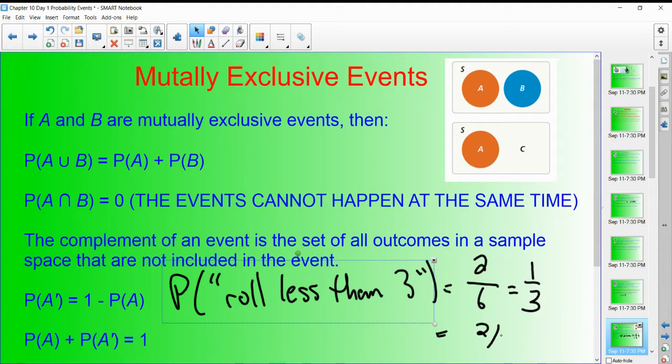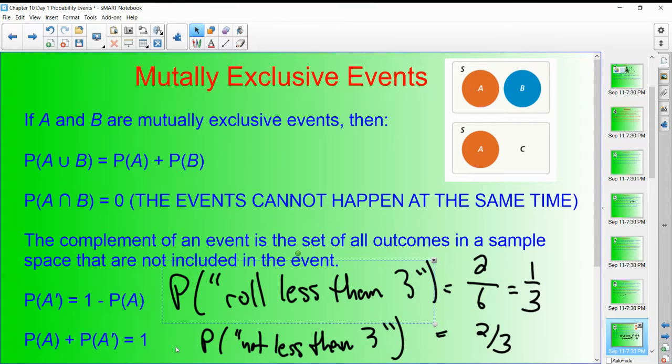So the complement is probability of not less than 3. We can think of it as the opposite. Always put the word not in. And those two probabilities always add up to a whole. So if I know one of them, I can subtract it from one and find the other probability.